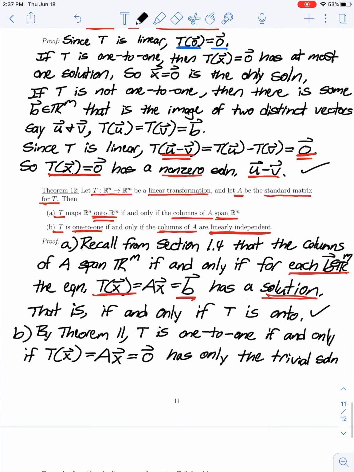But recall that this is the exact definition of linear independence of the columns of A. So this matrix equation, A times x equals 0, can be written in vector form as x1 times the first column of A plus x2 times the second column of A, and so on.